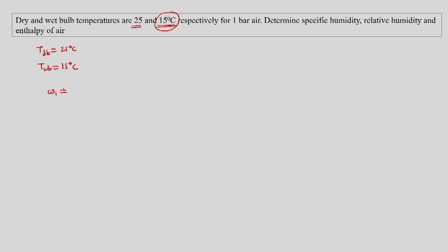We can make use of these two temperatures in the formula that we have already derived. Omega 1 is Cp into (T2 minus T1) plus omega 2 into HFG2, divided by (Hg1 minus HF2). Here we know that this air would be saturated at 15 degrees Celsius.